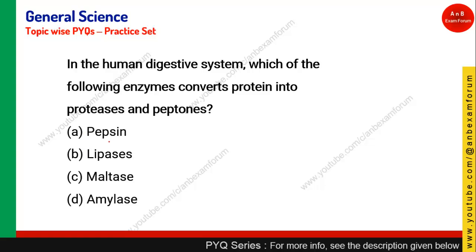Pepsin, yes, pepsin converts protein into proteoses and peptone, so option A is correct. Pepsin is found in the gastric juice, which converts protein into peptone. So you can say that the digestion of protein begins in the stomach.